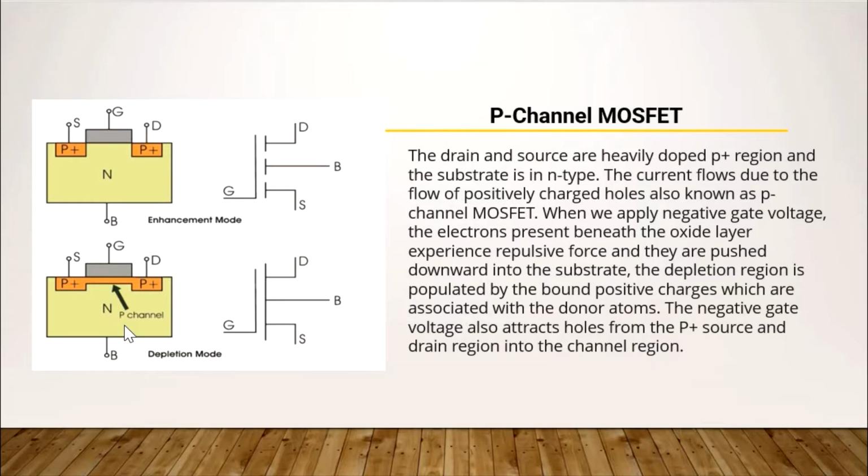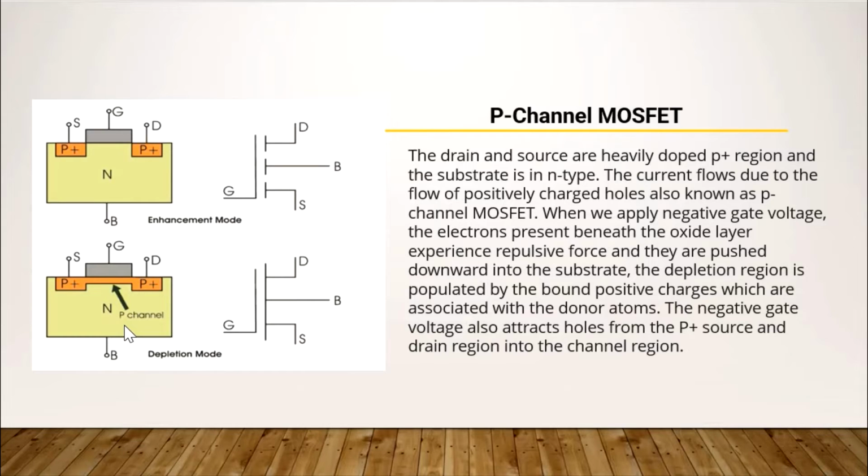P channel MOSFET. The drain and source are heavily doped P plus regions and the substrate is N-type. The current flows due to the flow of positively charged holes, hence it is also known as P channel MOSFET. When we apply a negative gate voltage, the electrons present beneath the oxide layer experience a repulsive force and they are pushed downwards into the substrate.